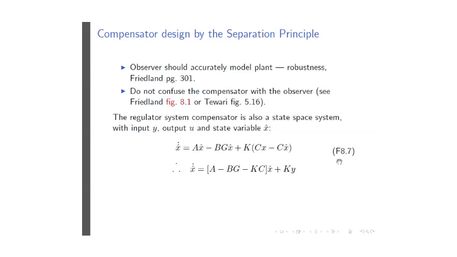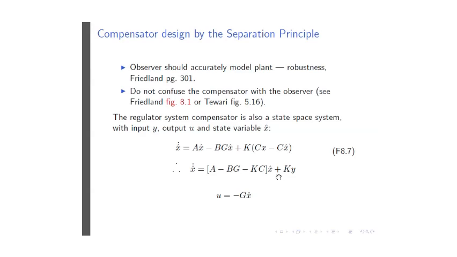If I rearrange Friedland's equation 8.7, I actually get this equation. And I'd like to add another equation to this, namely this one. If I look at these two equations, I'm claiming that these two equations are the standard state space representation of the compensator, because what is between the square brackets here is the A matrix of the compensator.